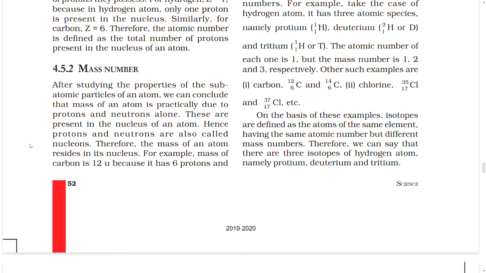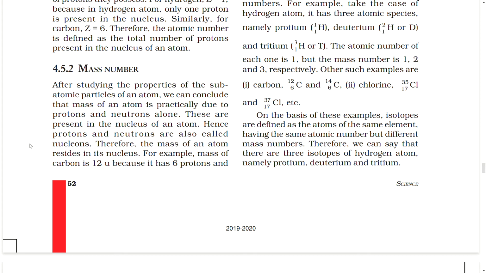4.5.2 Mass number. After studying the properties of the subatomic particles of an atom, we can conclude that the mass of an atom is due to protons and neutrons alone. These are present in the nucleus of an atom. Hence, protons and neutrons are also called nucleons.